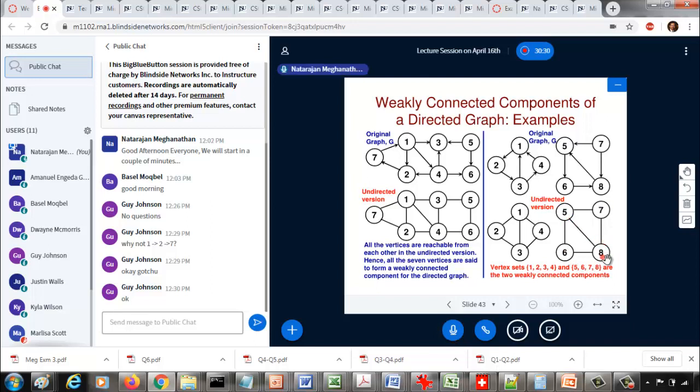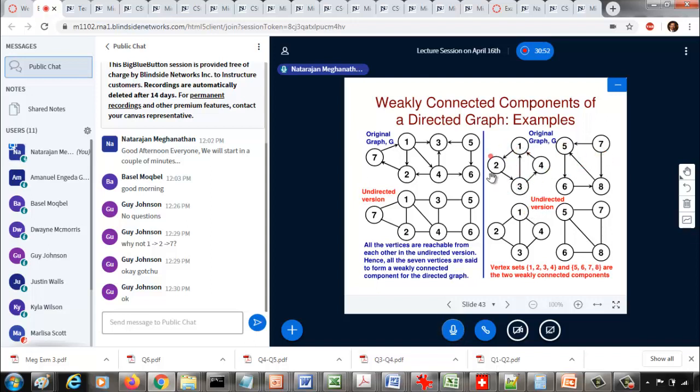Okay, so a weakly connected component means just consider the undirected version of the given directed graph and look at the largest subset of vertices that are reachable to each other. You could have more than one weakly connected component in a given directed graph. Like in this case, you are given the whole thing of 1 through 8.